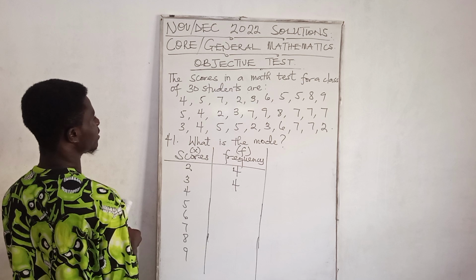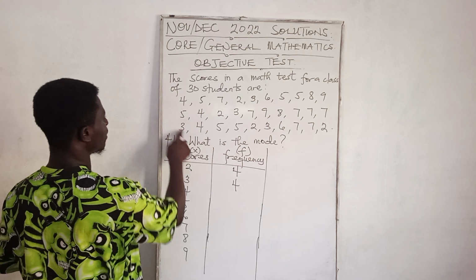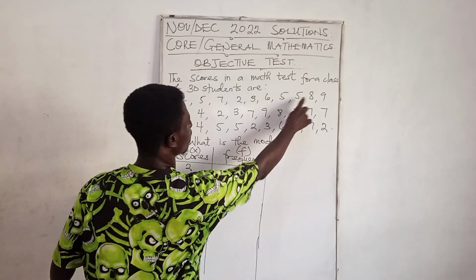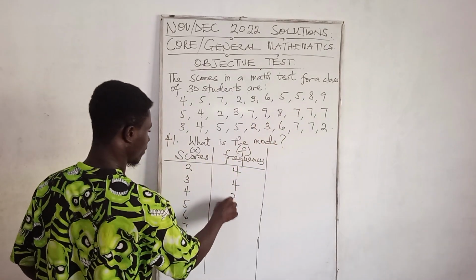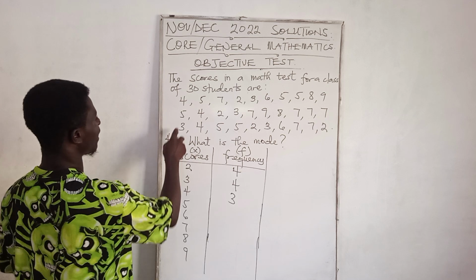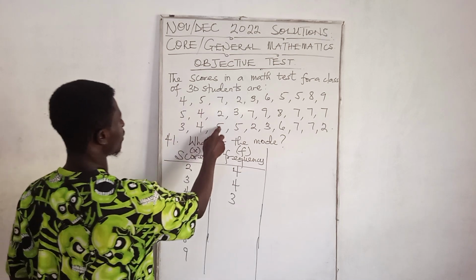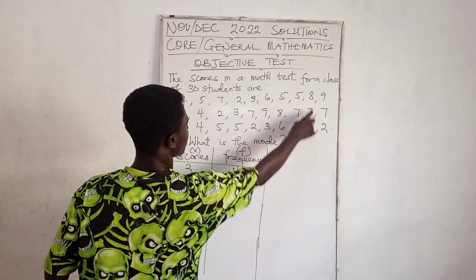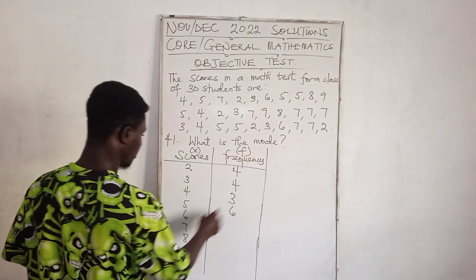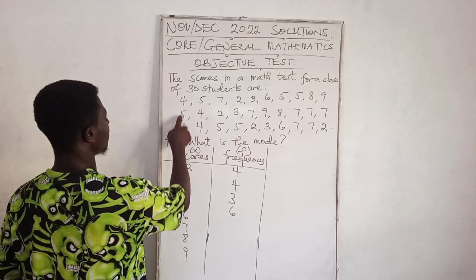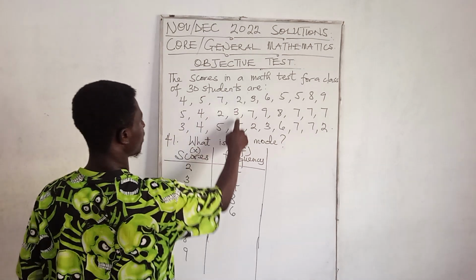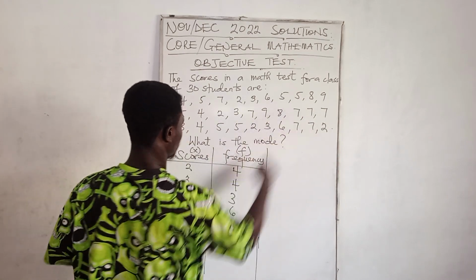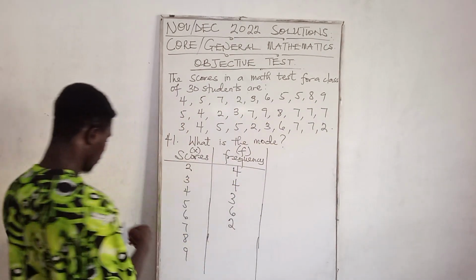Then for 4, let's see. We have 1, 2, 3, so we have 3 for that. Let's see for 5: 1, 2, 3, 4, 5, 6. So we have 6. Now let's see for 6: 1, 2. We have only 2 for 6.